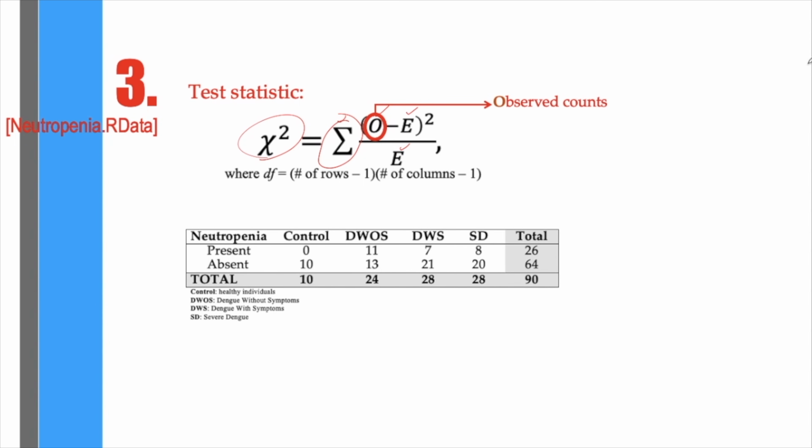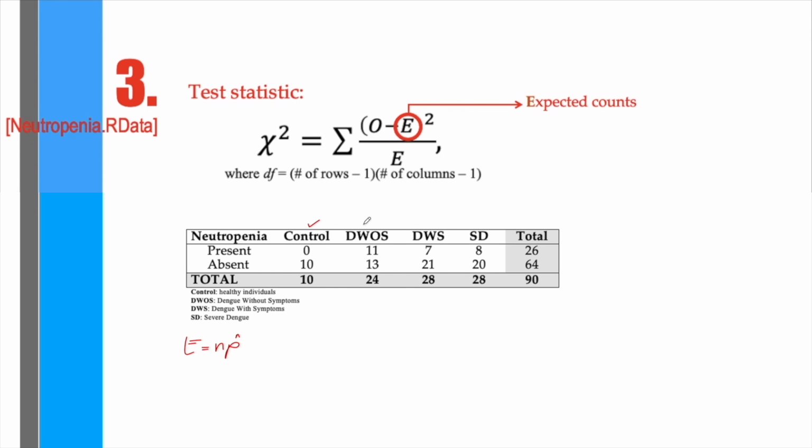The O is actually the observed counts, which are the values in this table that we have. So all in all, we have 8 observed counts. And each observed count has a corresponding value of E, which is called the expected counts, which represents n times pi, in which pi is estimated using p hat.